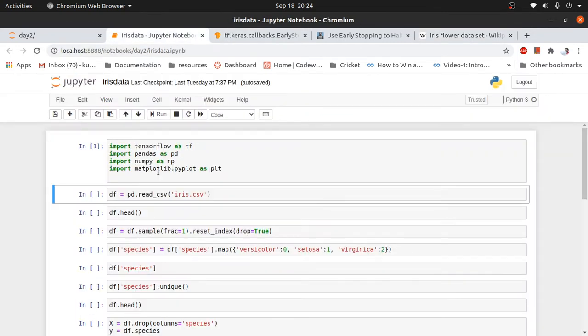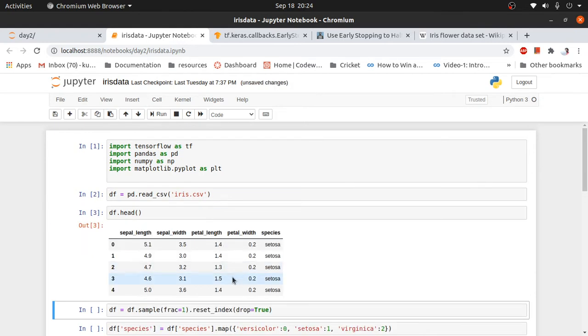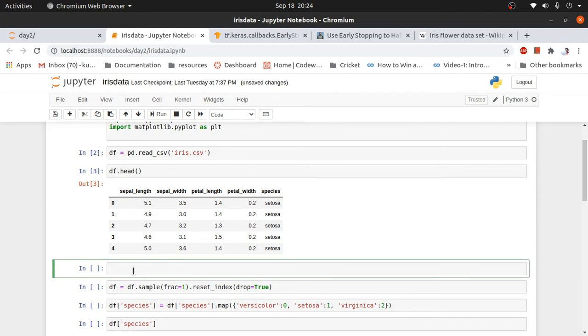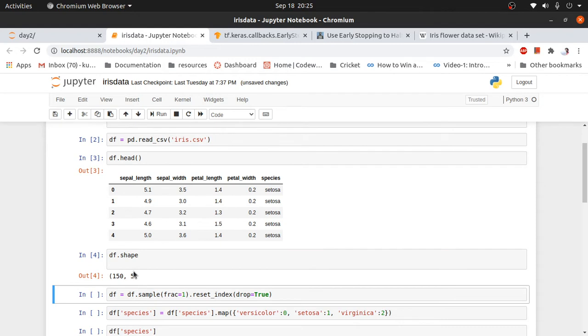Now let's load the dataset with the help of pandas, and let's see what our dataset looks like. These are the species, Setosa. Let's see what the shape is. Maybe it must be 150. Yeah, 150.